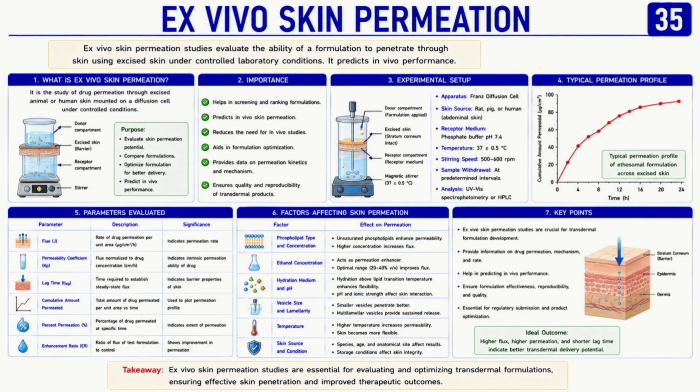The formulation is placed in the donor compartment while the receptor compartment contains an appropriate medium. Samples are collected at predetermined intervals and the resulting data can provide the cumulative drug permeation, steady state flux, permeability coefficients, and the lag time. These parameters are critical for assessing the transdermal performance.